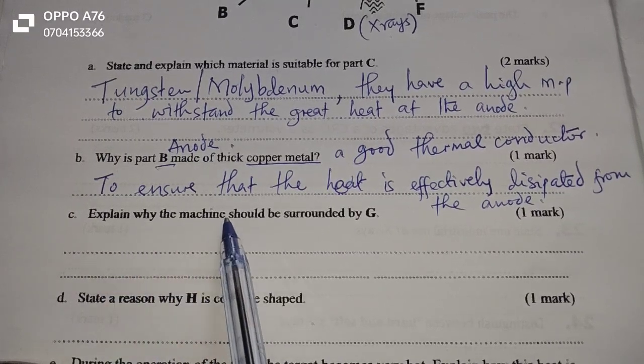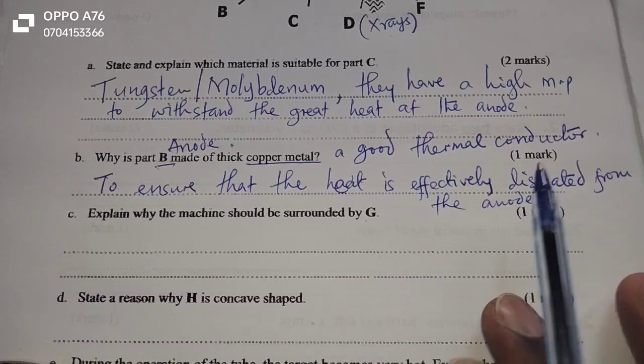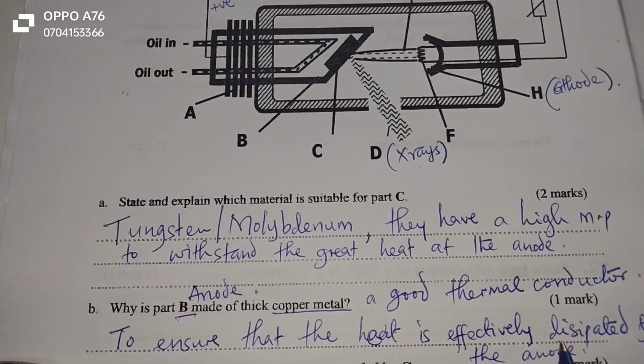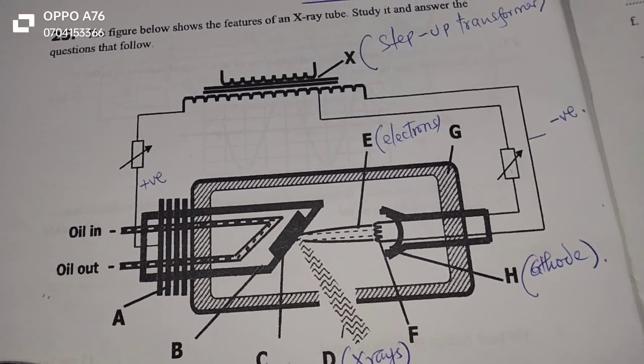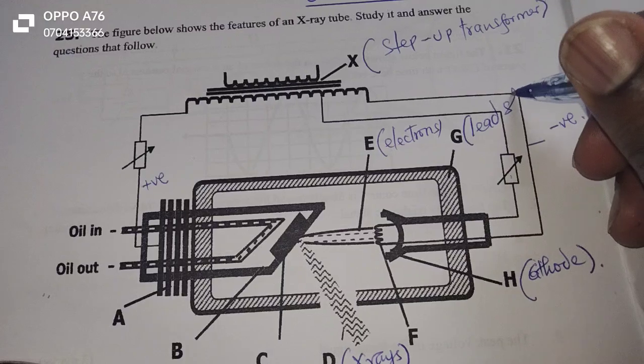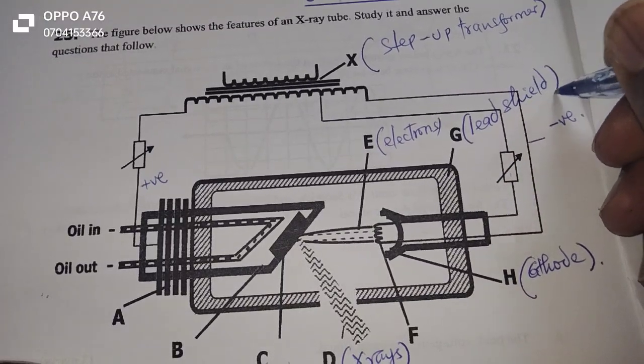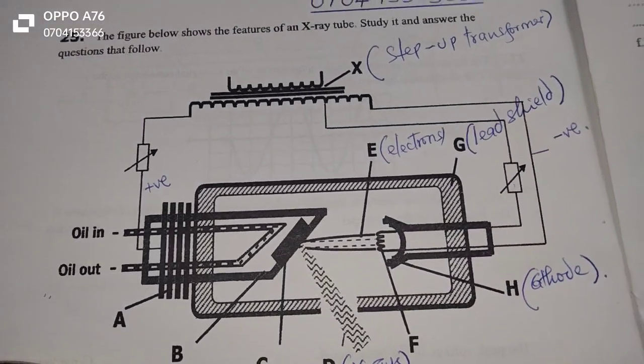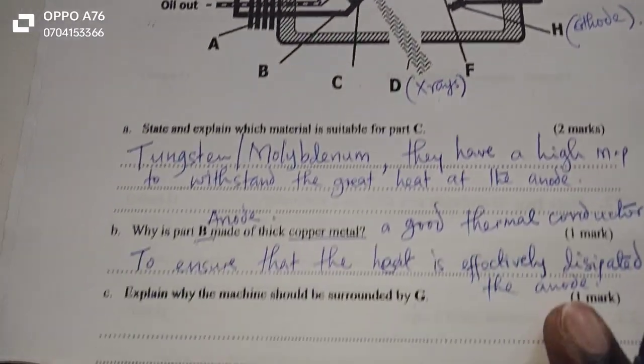Explain why the machine should be surrounded by G. So G is called the lead shield. G is a shielding of the X-ray tube made of lead.